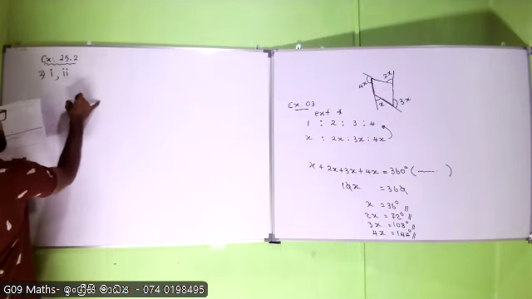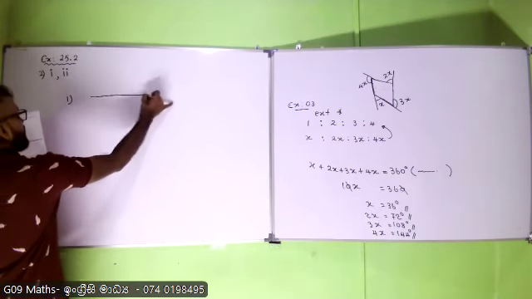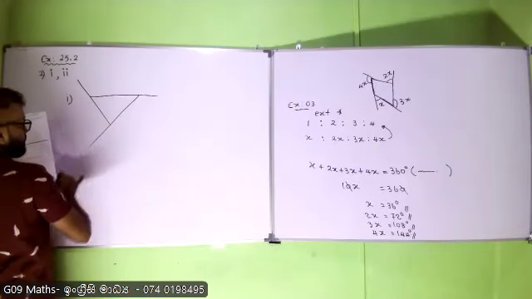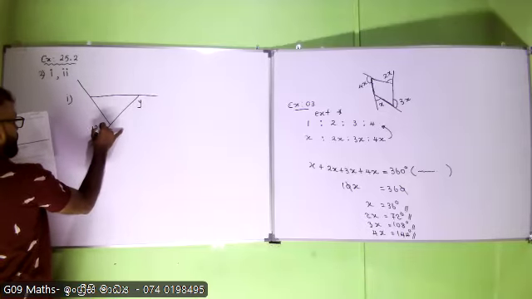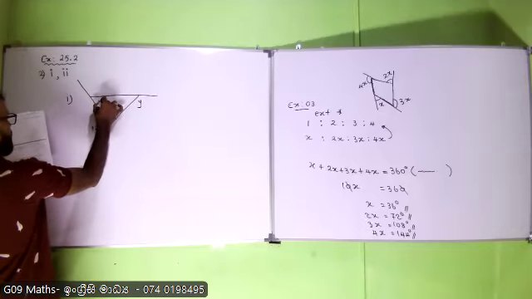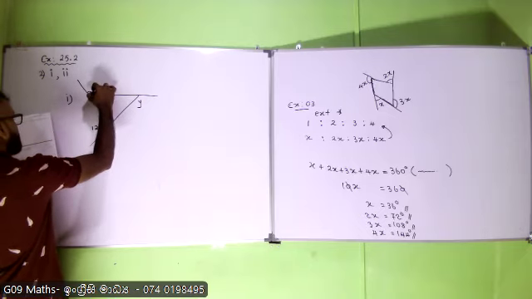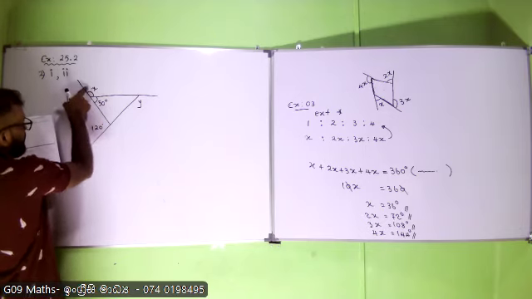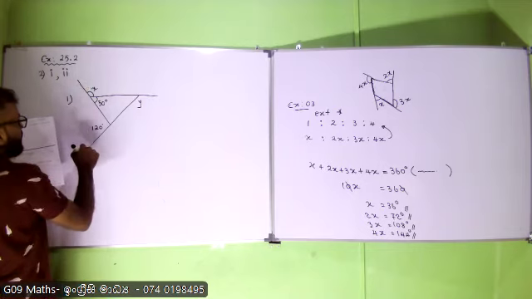Exercise 25.2, first question. This is y, this is 120. The interior angle is 50 degrees and here you have another adjacent angle x.